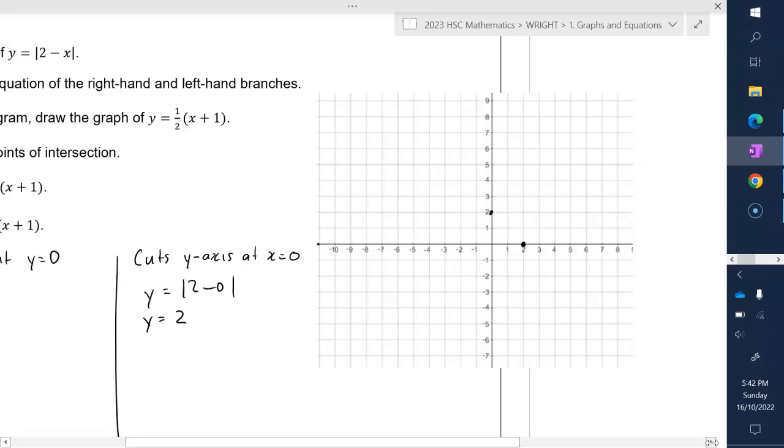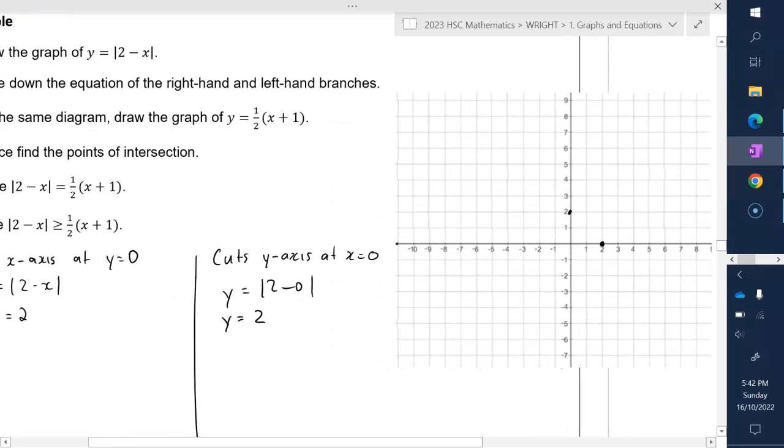So we're going to get a great big V shape. We're not going to have parts of our function down below the x-axis. You can think of this as a transformation from last year. It's minus x plus 2, so here's our line, and we've flipped it up. Or it's the line y equals the absolute value of x, and we've moved it to the right 2 places.